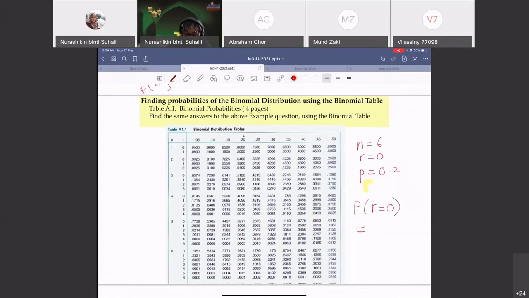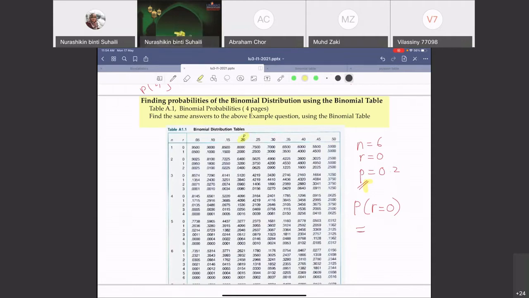But how you refer to it is a bit different, because now we have the p-value. So in our case just now, n is 6. We have a column n, the first column, the second column is R, and the third big column here is P. So P equal to 0.2, you refer to these values.